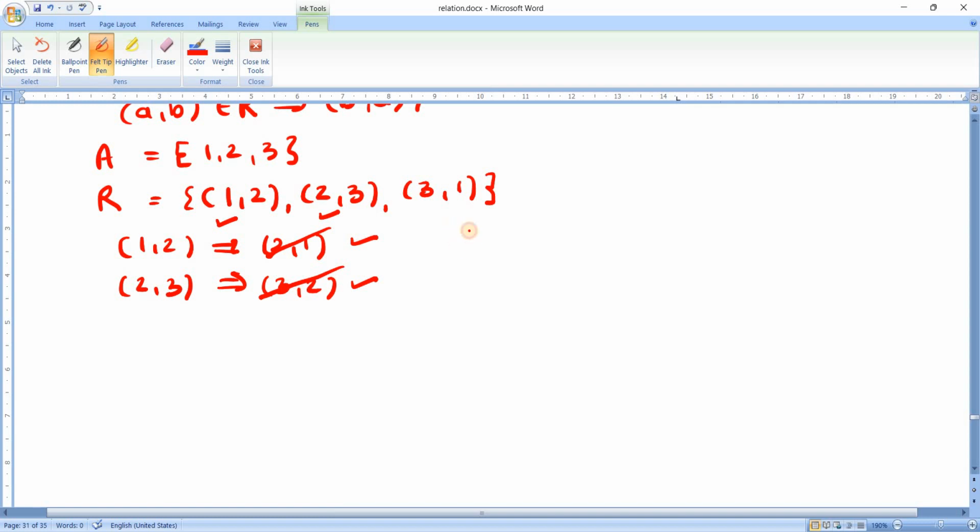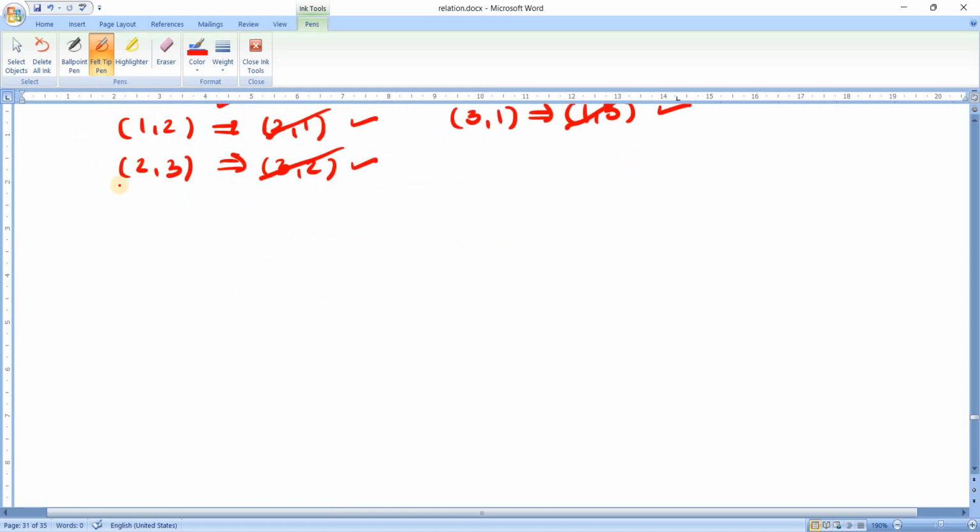The next ordered pair is (3, 1). We should not have (1, 3), and there is no (1, 3), so this condition is also true. So the condition is true for all ordered pairs belonging to R, which means R is an asymmetric relation.